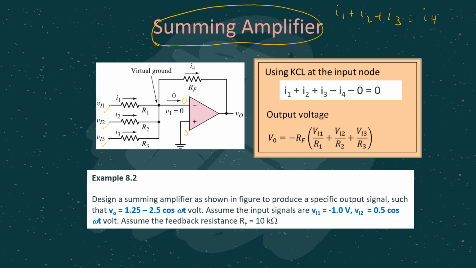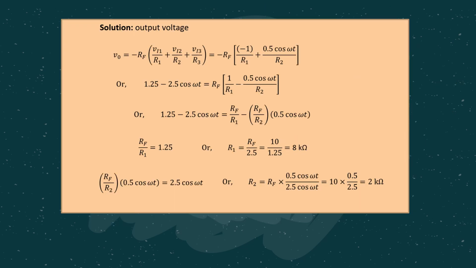Then for I1, you can straight away see VI1 minus 0 divided by R1, and for I2 it is VI2 minus 0 divided by R2, and for I3, VI3 minus 0 divided by R3, which equals I4, which is 0 minus V0 divided by R4. So if you rearrange this equation, you are going to get V0 equals minus RF times (I1 plus I2 plus I3).